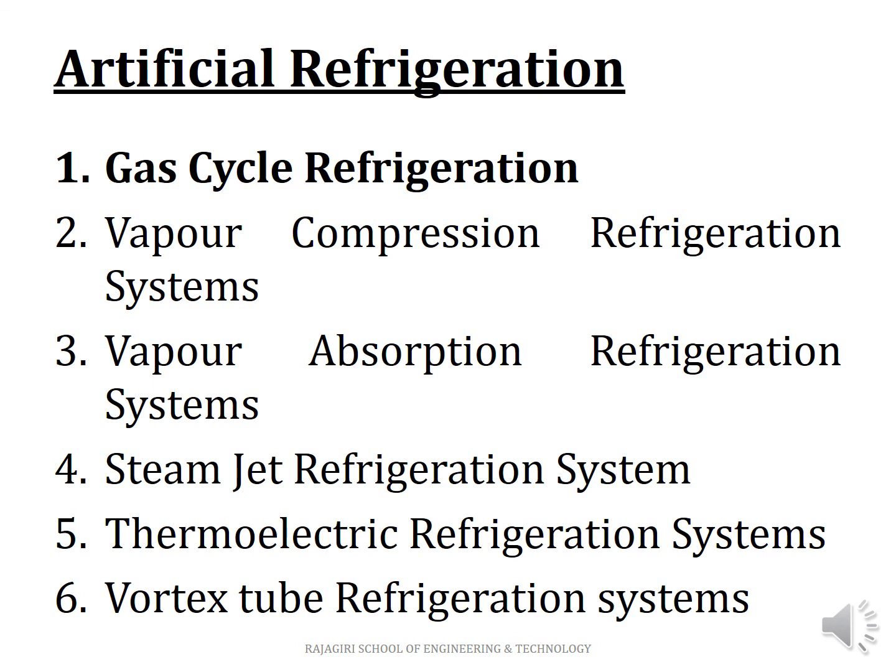We will discuss all these methods in various modules of this course. The first module includes the gas cycle refrigeration, which we will discuss in the next part of this lecture.